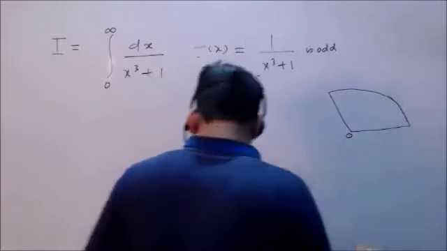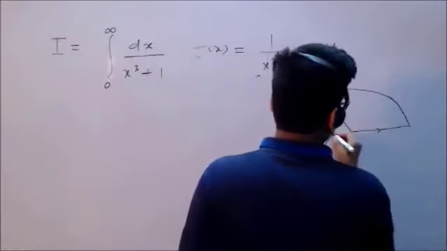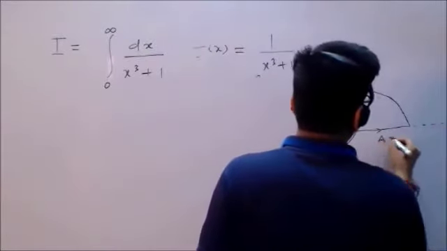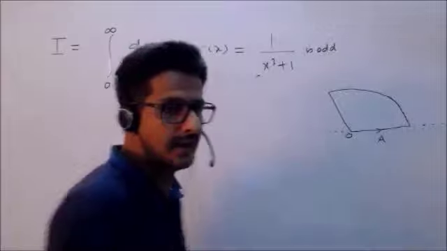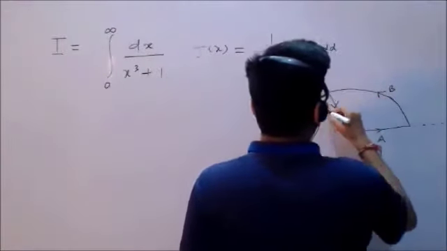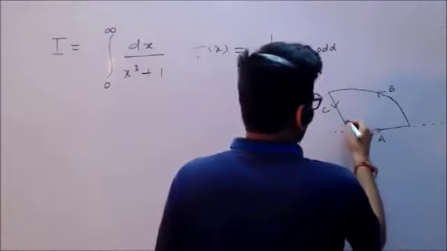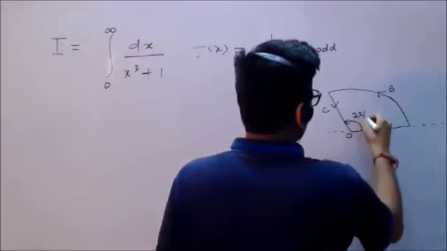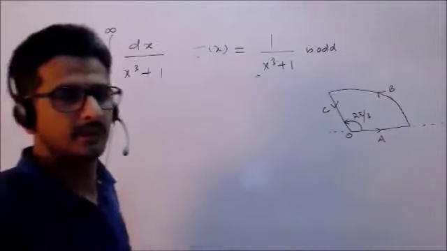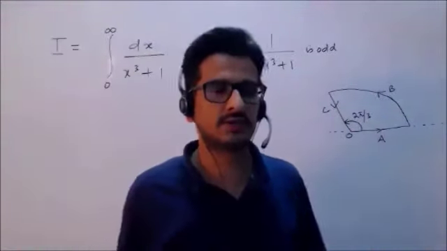This is 0, and suppose this is the real axis. Suppose the parts of the contour are A, B and C, and this part will be 2 pi by 3. I will tell you why in some time. So this is the contour which we will use for such questions.